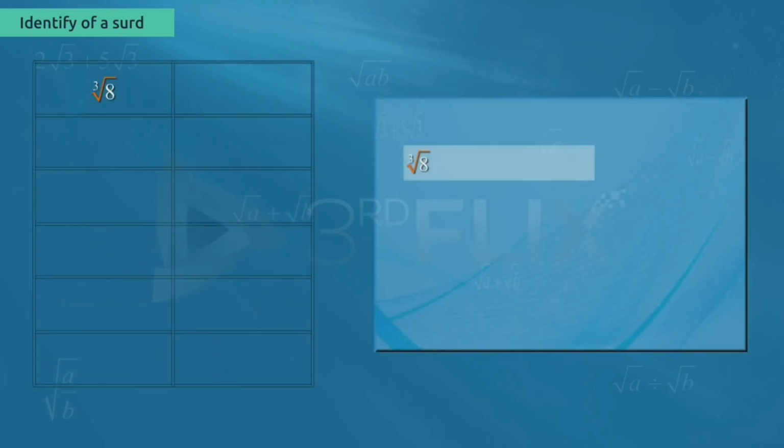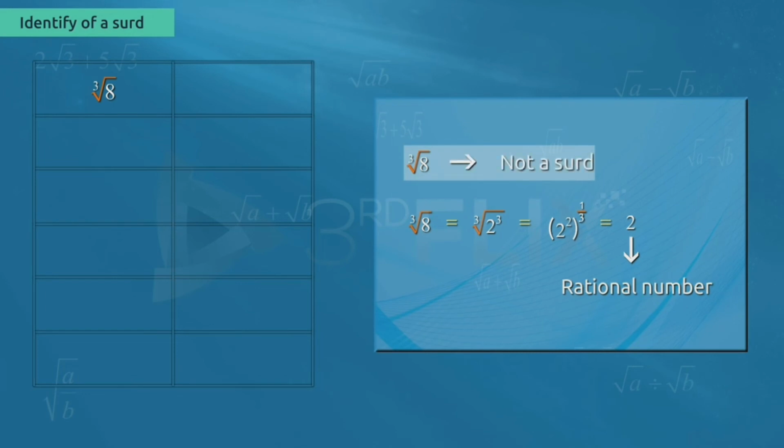Identify a surd. Cube root of 8. Cube root of 8 is equal to cube root of 2 cube, which is a rational number and is not a surd.